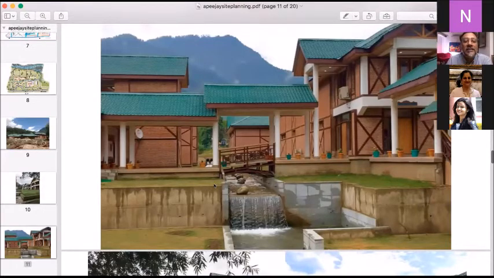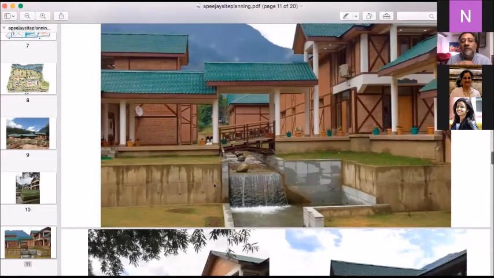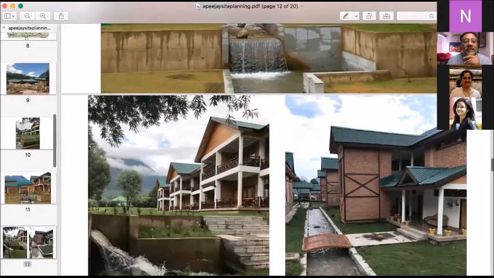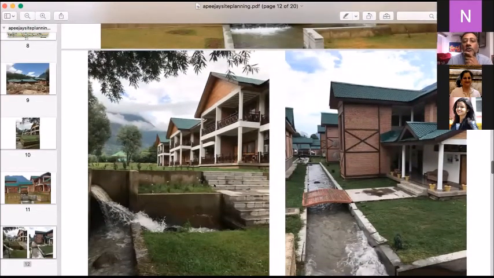You can see that the soil is wet around, the grass is wet, and the RCC walls are still wet because of the rains, but there is not even a bit of flooding anywhere. This is the flow of water through the site, and it becomes a feature all through the site.